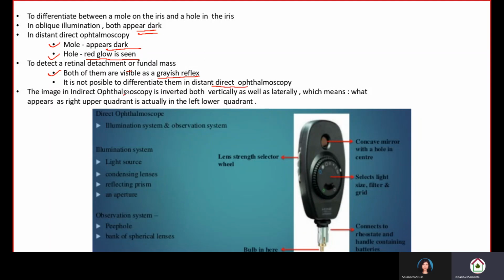The image in indirect ophthalmoscopy is inverted both vertically as well as laterally, which means what appears as the right upper quadrant is actually the left lower quadrant, because the image comes inverted.